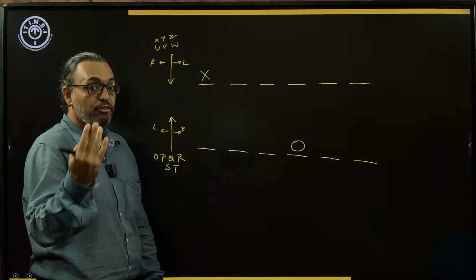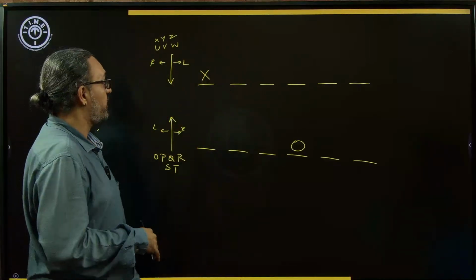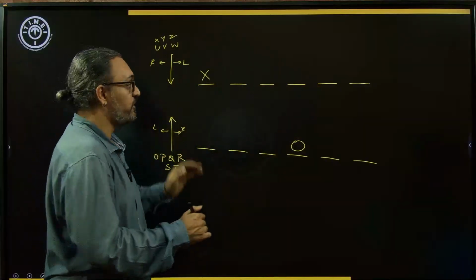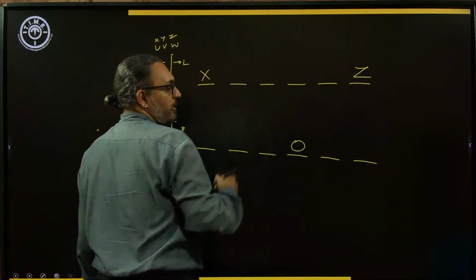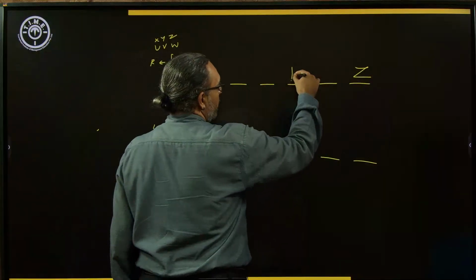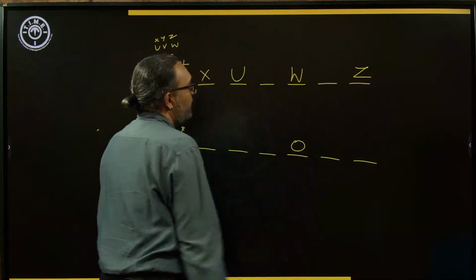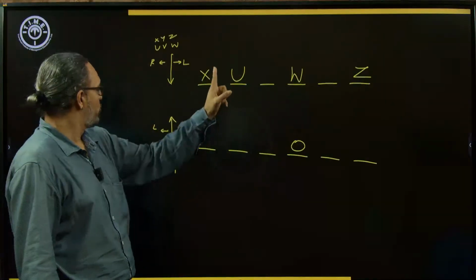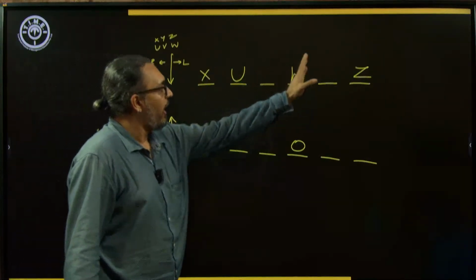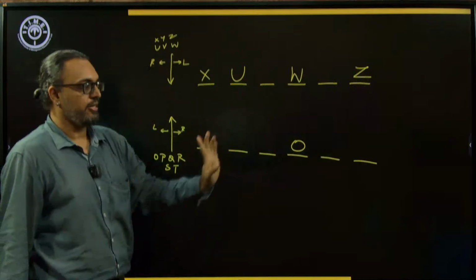See, for south facing, right is our left side. So Z has to be here, then only second to the right is W, and then you can have U. So U is 2 places away from W, means leaving a gap of 1 person. U is 2 places away from W, and then W is second to the right of Z.